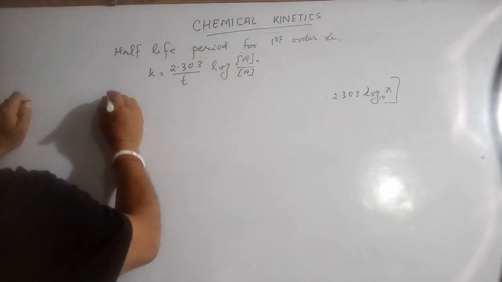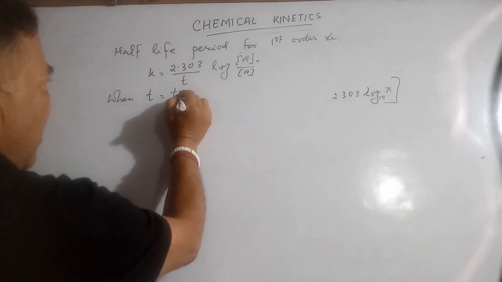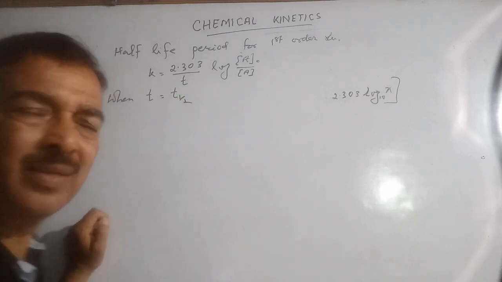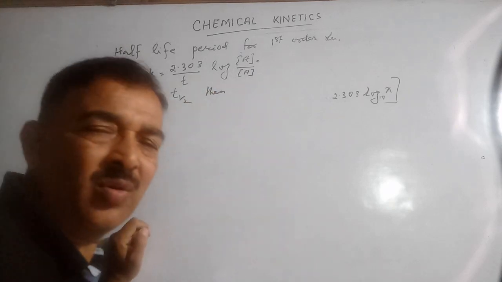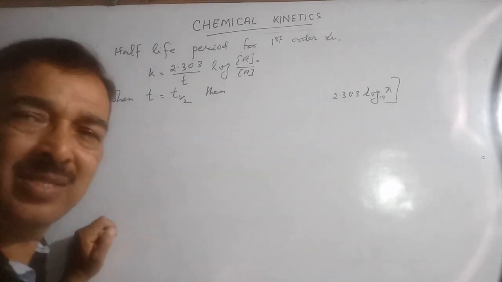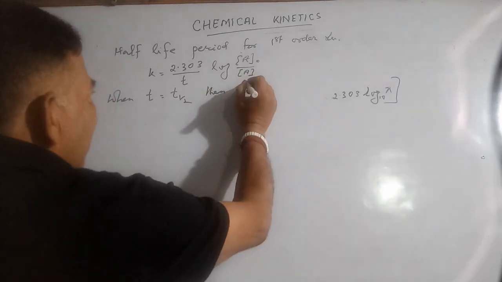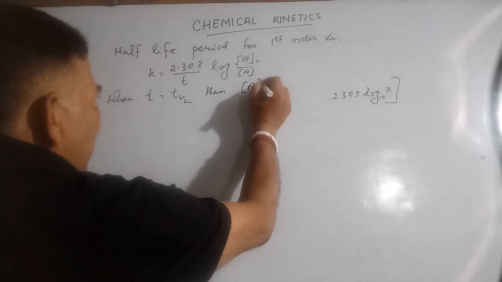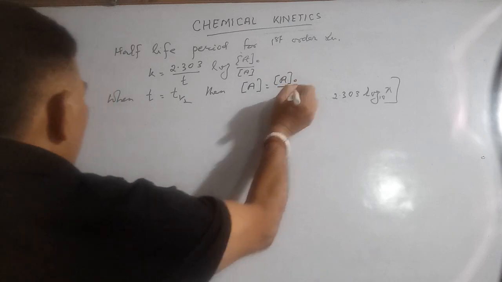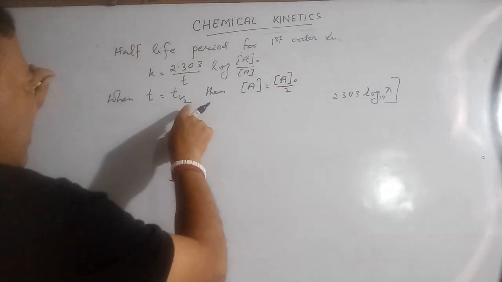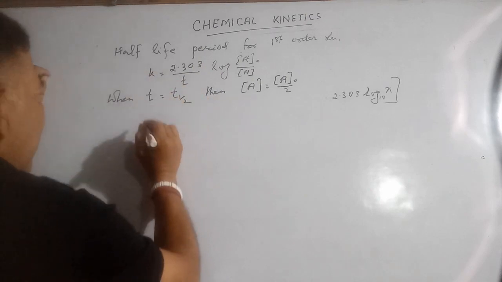When time is equal to t half, then according to the definition of half-life period already discussed while deriving for zero order reaction, molar concentration of A is equal to [A]0 by 2. Substitute this value in this equation, then make t as the subject.